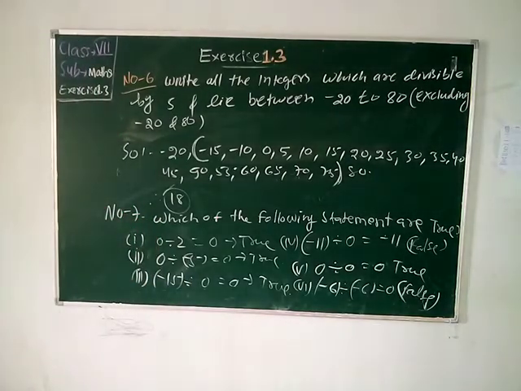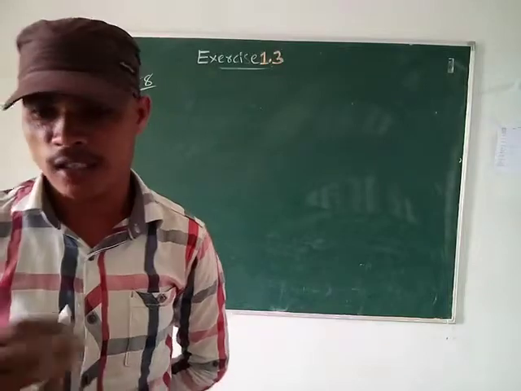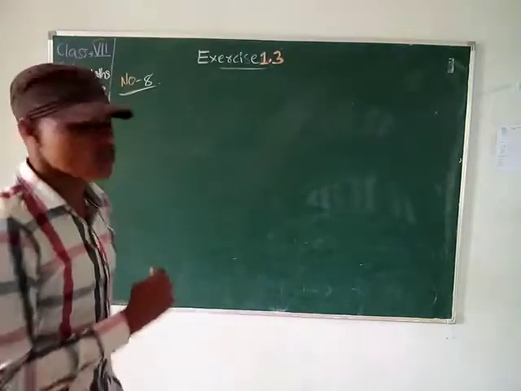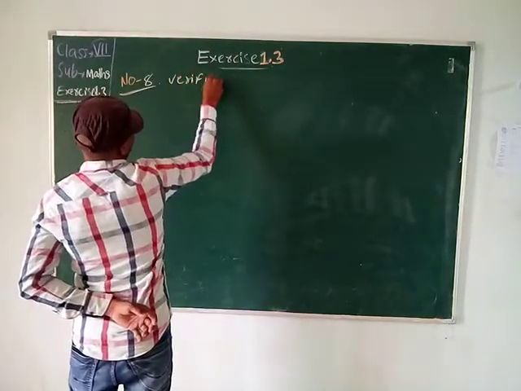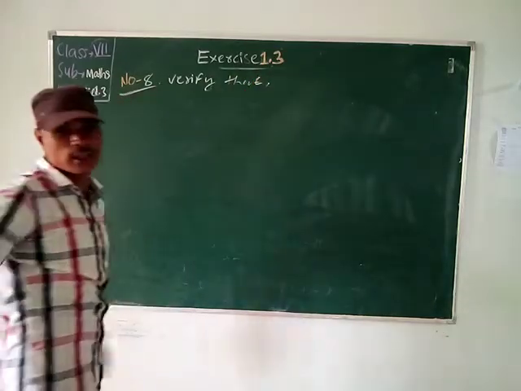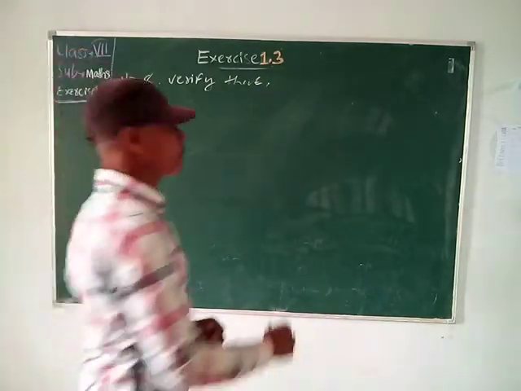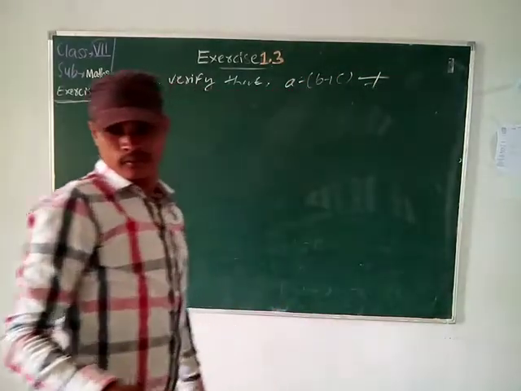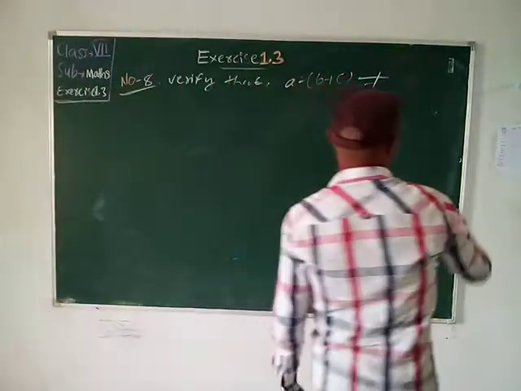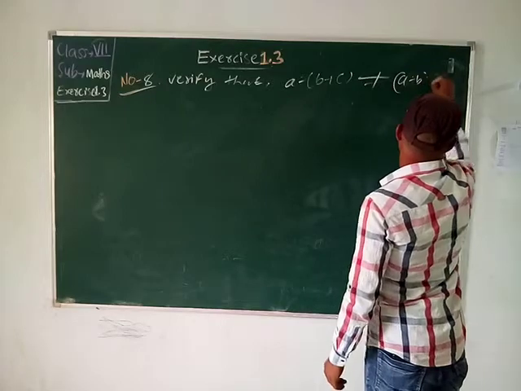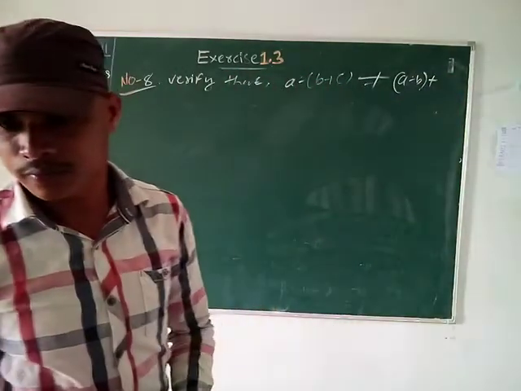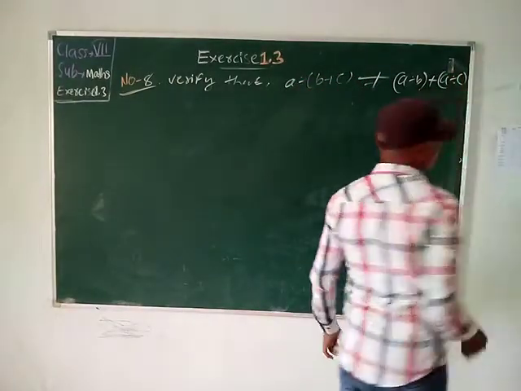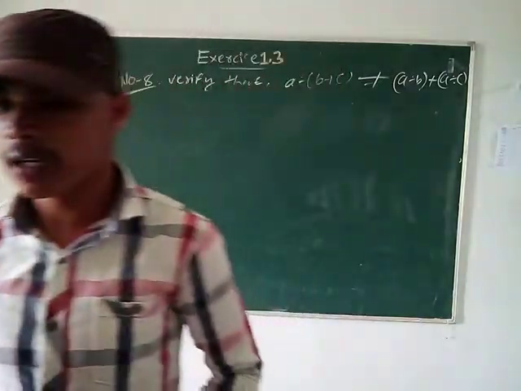Okay, now I will do number 8. The question is here: verify that A divided by (B plus C) is not equal to A divided by B plus A divided by C. Here the values are given.